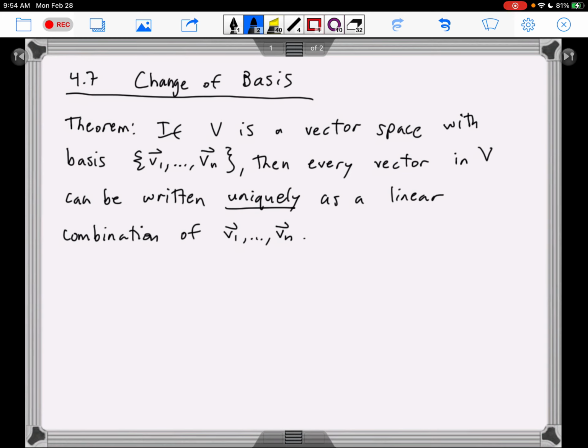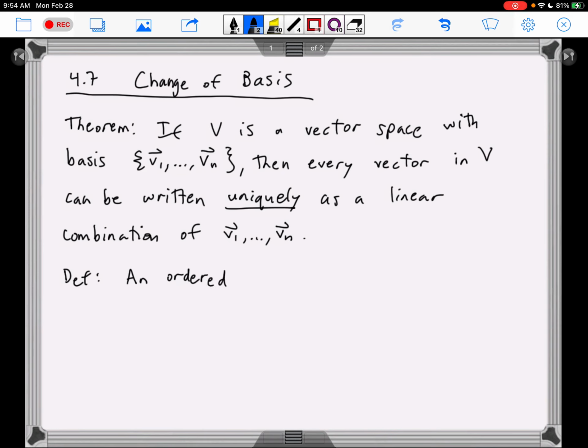So it's sort of like every number can be factored uniquely as a product of prime numbers. Same thing, every vector can be written uniquely as a linear combination of the basis elements, okay? So it makes sense then for us to make the following definition. First off, the order of our basis elements matters.